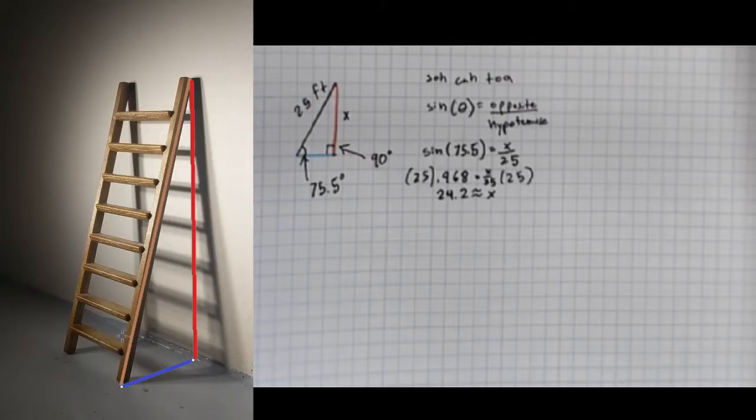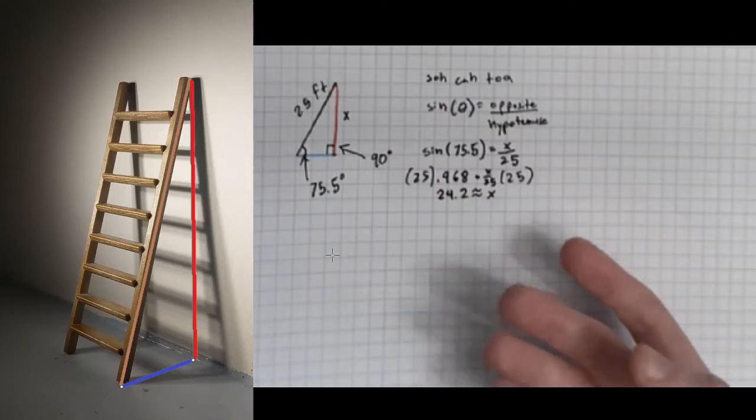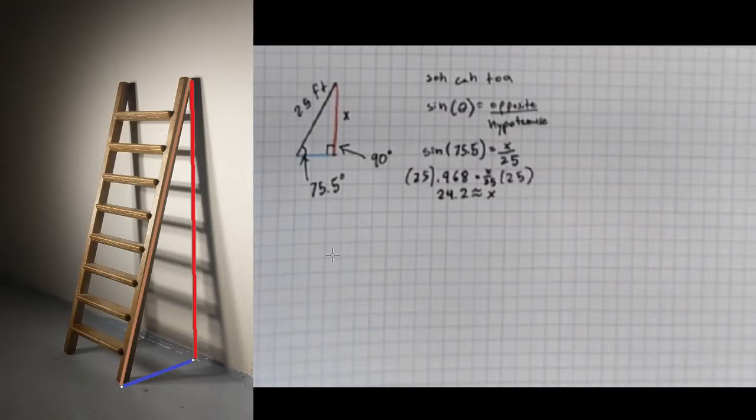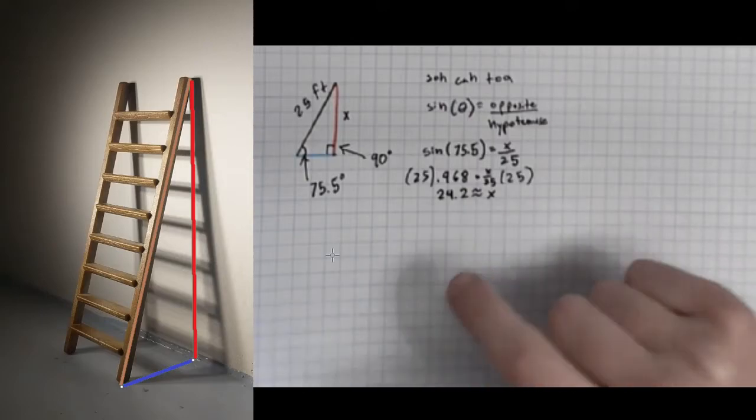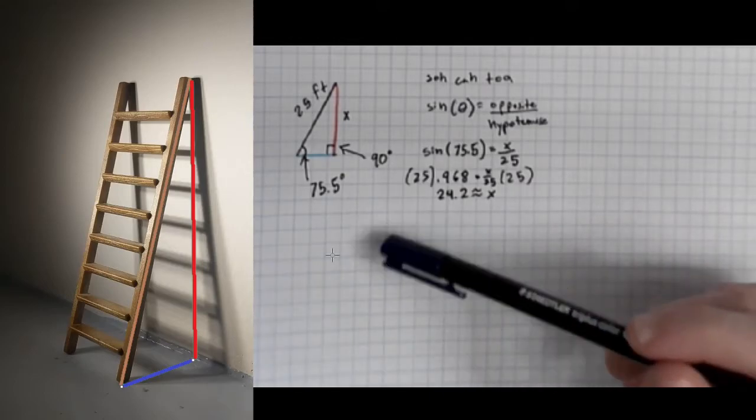But how else can we figure that out? So without knowing that, let's see. That's okay. We don't need to know that. Obviously we'll be at the ground level when we have this ladder.